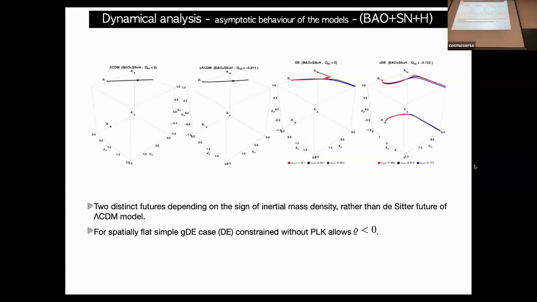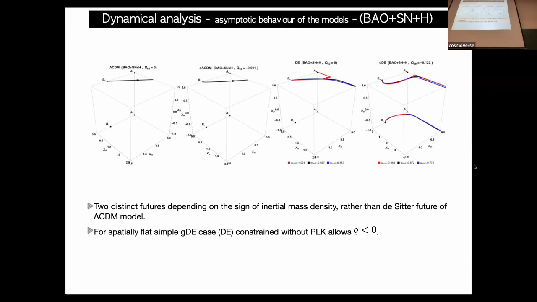Okay, let us look at the asymptotic behavior of the models. As you see here, when we don't use Planck data, negative inertial mass densities are allowed, and so different LSPR scenarios can be seen here with the red one, and the blue and black ones correspond to finite bounds.